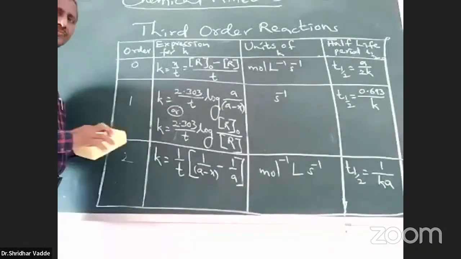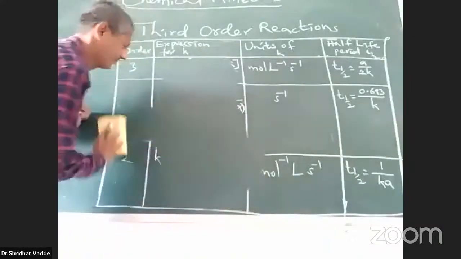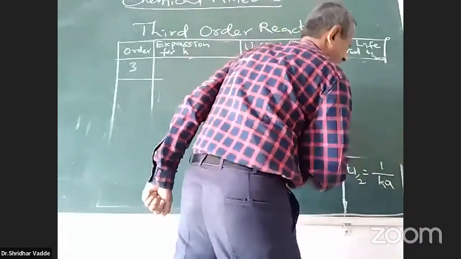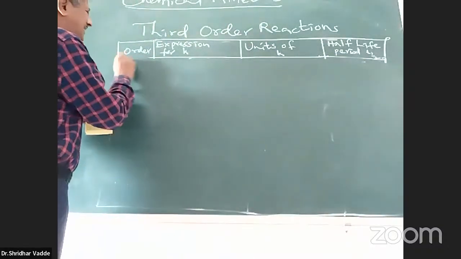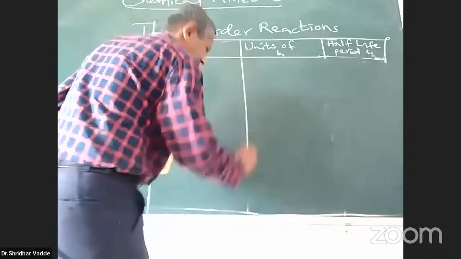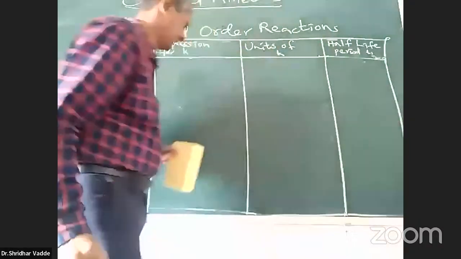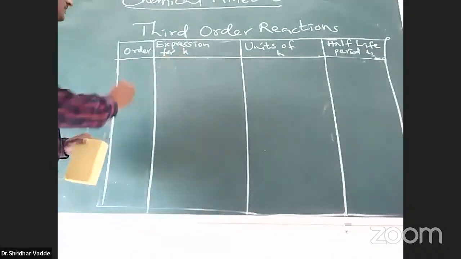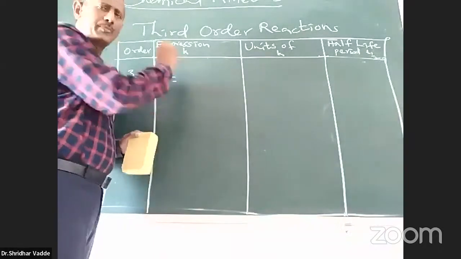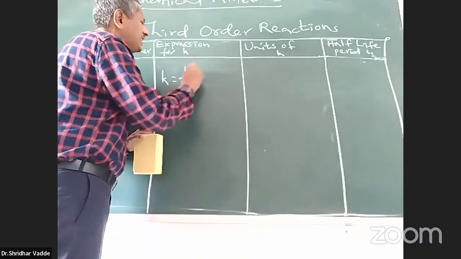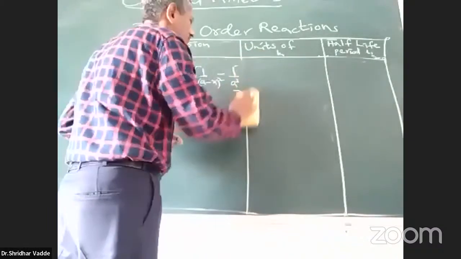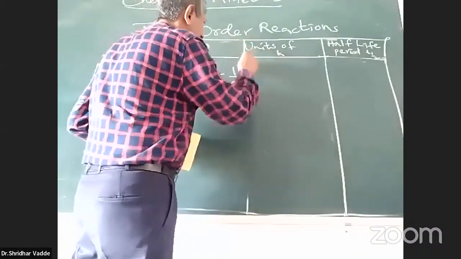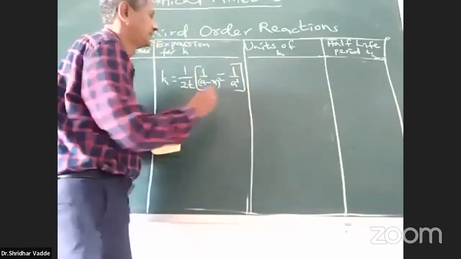Thanks, sir. Now, coming to third order reactions, K is given by 1 by 2T into 1 by A minus X whole square minus 1 by A square.